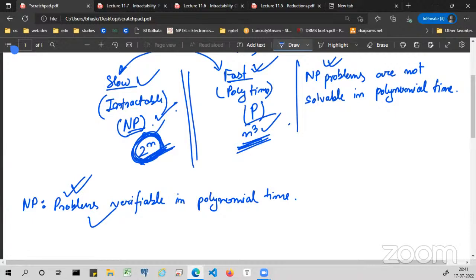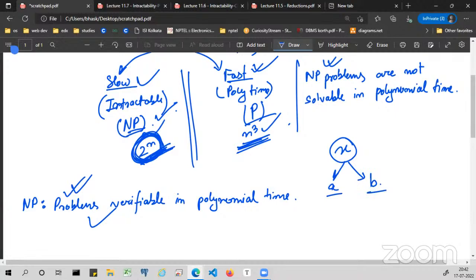That's it. Like the prime factorization example that sir said: you have been given a number x, and you have to factorize this number into two factors, let's say a and b, such that these two numbers are prime numbers.